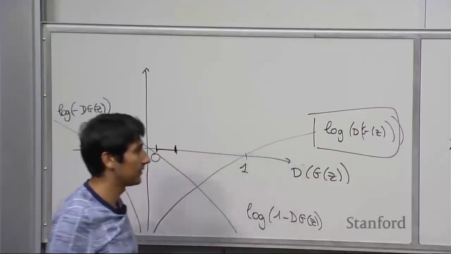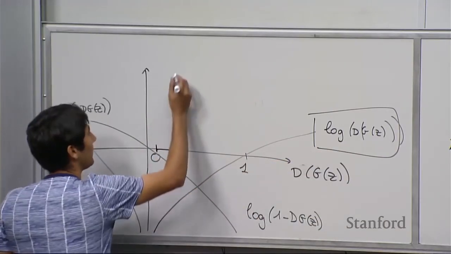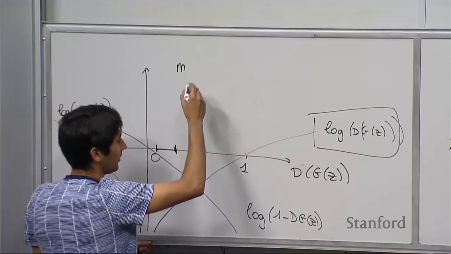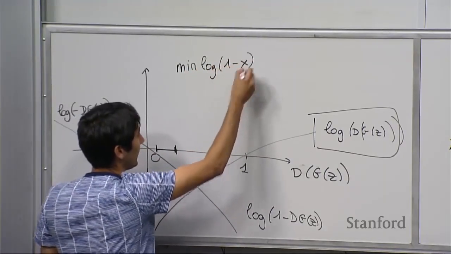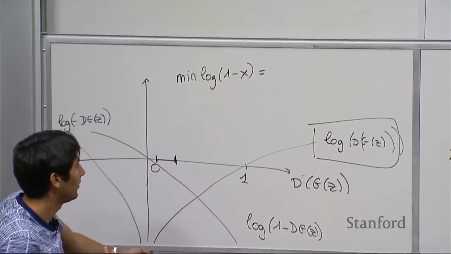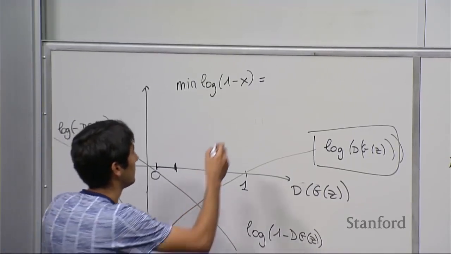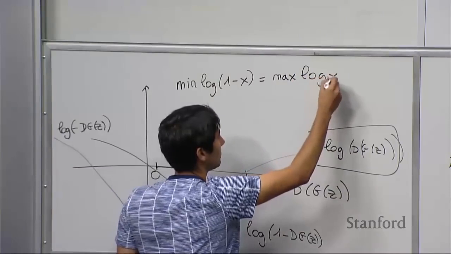So we have to use a mathematical trick to change this into that, right? And the mathematical trick is pretty standard. Right now, we're minimizing something that is in log of 1 minus x. We can say that doing so is the same as maximizing something that is in log of x.